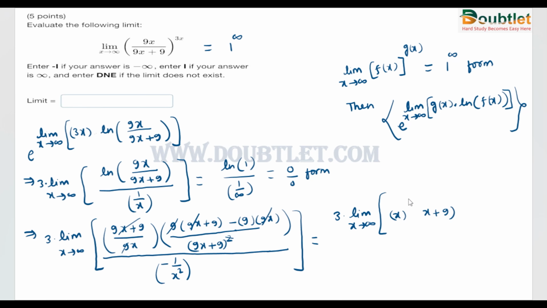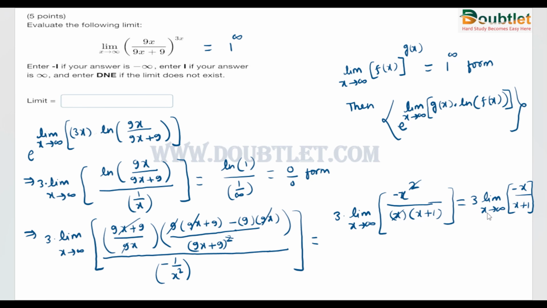So we can write it as 1 divided by (x plus 1), and this minus x square will be in the numerator, and we can also cancel x by x. So what will it become? Limit x tending to infinite, it will become minus x divided by x plus 1.